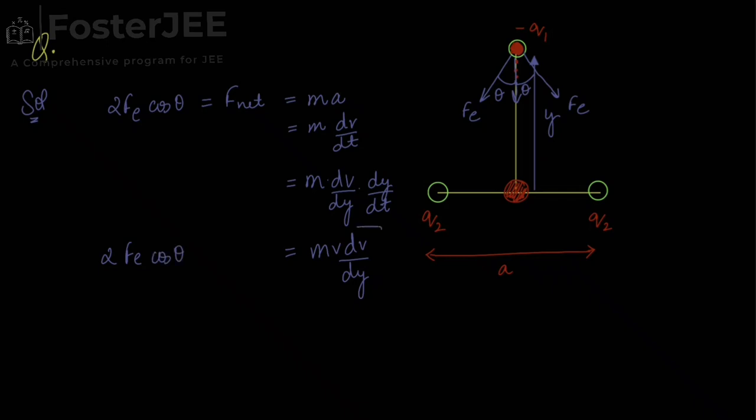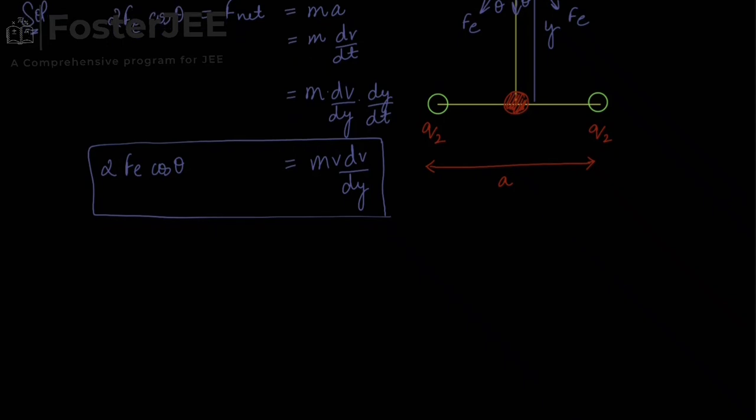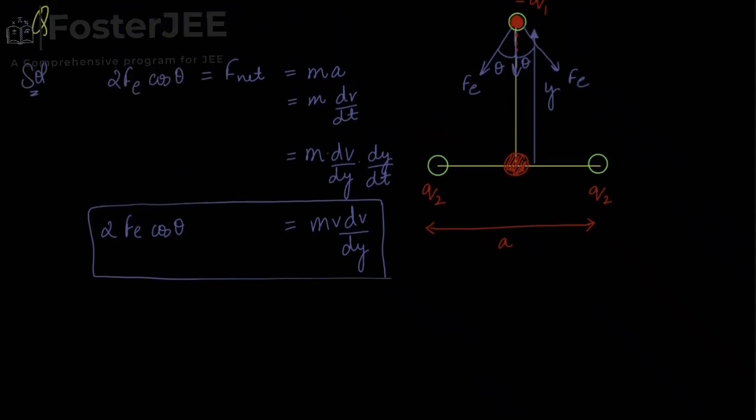By putting the values of forces and cos theta in terms of other parameters, we will find the velocity. But we can see this method is tedious and time taking, so we will see how we can solve this problem with the help of potential energy.